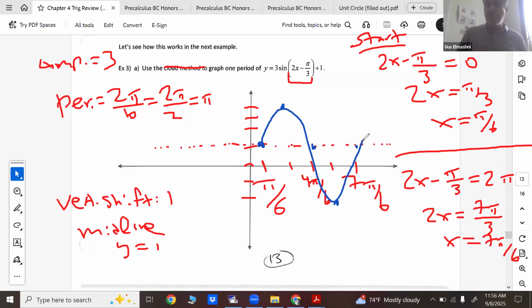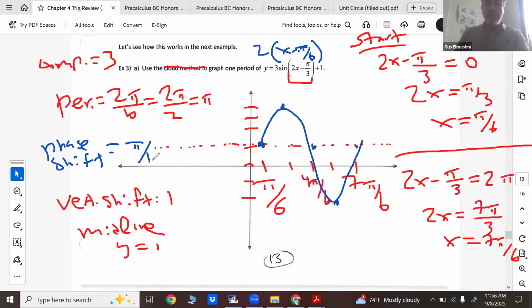Of how that's graphed. You can always check in Desmos too if you want to verify it. By the way, you could factor out the 2 from here, and that would have been pi over 6. We call it the phase shift or horizontal shift. So I'll show you this in Desmos in a moment.